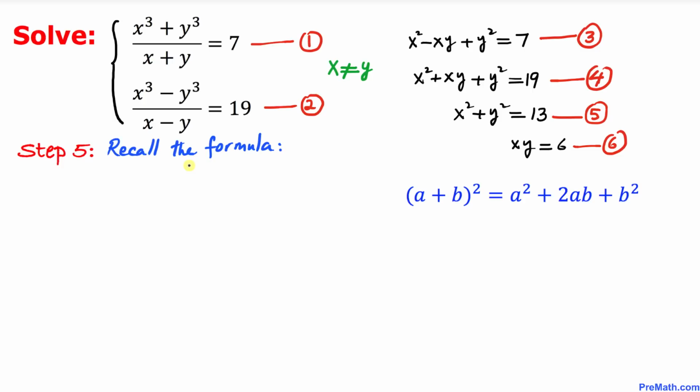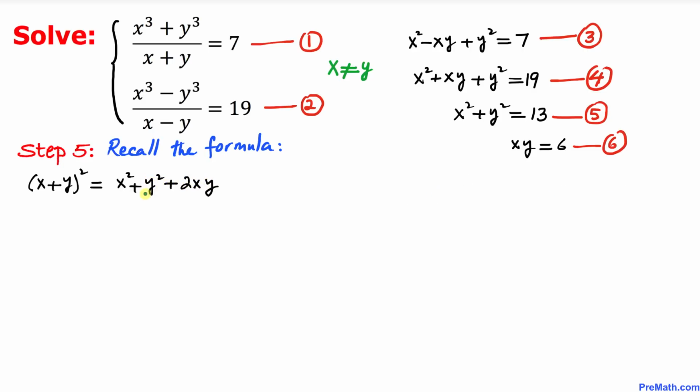Here's our next step. Let's recall this a plus b square formula. I can write it in terms of x and y. x plus y square could be written as x square plus y square plus 2 times xy. Now we know that x squared plus y squared in our case is 13 and x times y is 6.